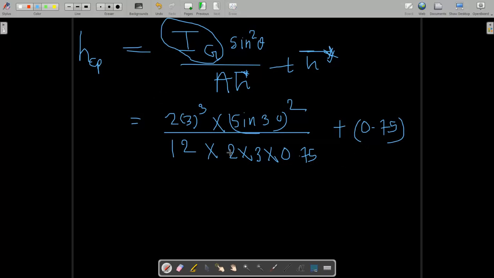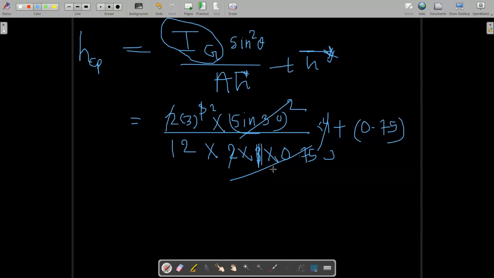So when you solve this, 2 will get cancelled, 1 3 get cancelled. So this is 3 square, and 0.75 we can say is 3 by 4. So this 4 and sine 30 square will get cancelled. Why? Because sine 30 is 1 by 2, and 1 by 2 square is 1 by 4.